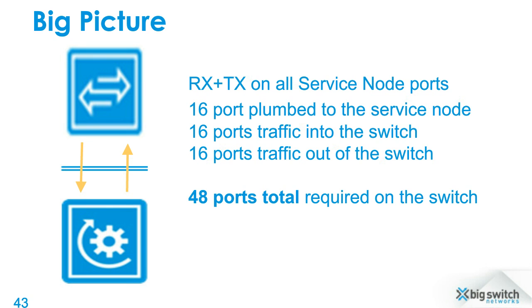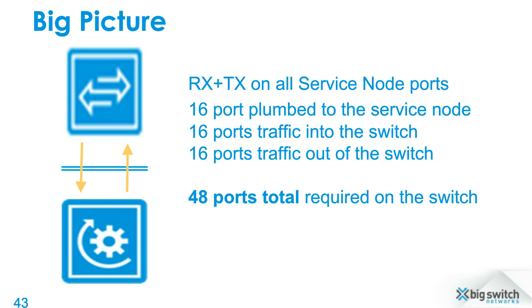We already have as a product a 16-port service node, with 16 10 gig ports, each of which can have a distinct service that runs on top of it. All the traffic goes in the ports, all the traffic goes out the ports, and it causes an interesting problem when it comes to topology.